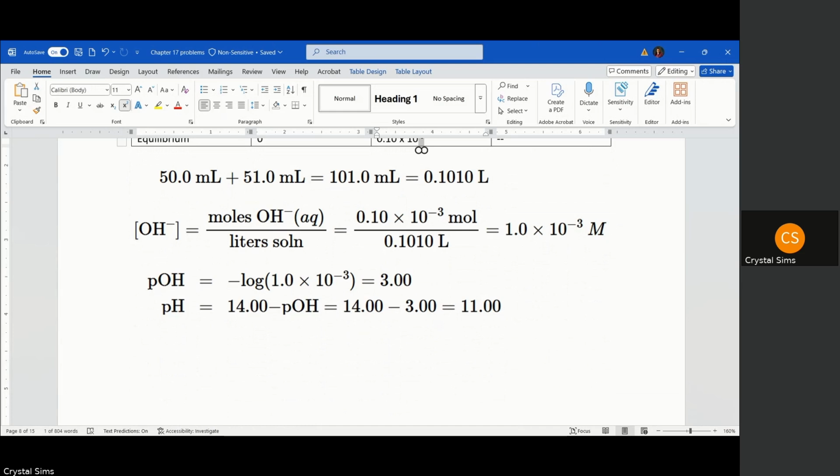And this is a demonstration of what happens when we have a strong base and a strong acid. This is the characteristic of those types of titrations where we're at 3 and then we're at 11. And we saw this in the lab last week when you were adding and adding and adding, and then all of a sudden you got that jump.